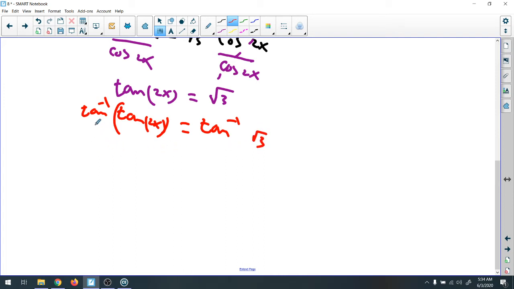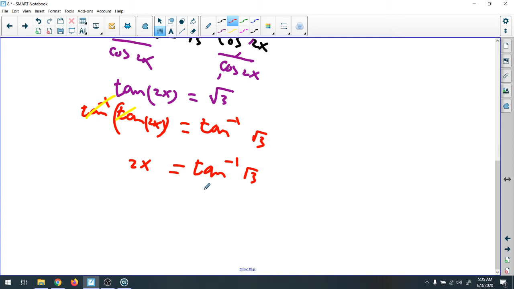Then arc tangent cancels arc tangent and 2x is left. So 2x equals arc tangent of square root of 3.